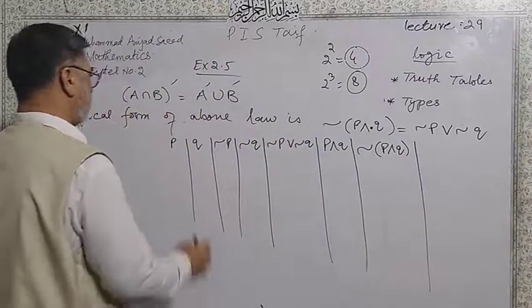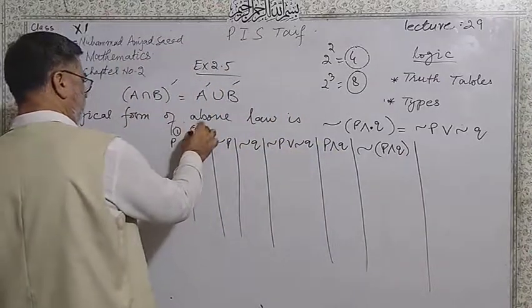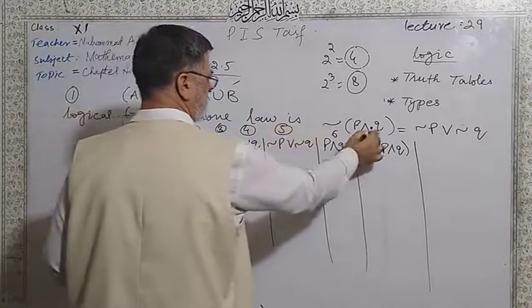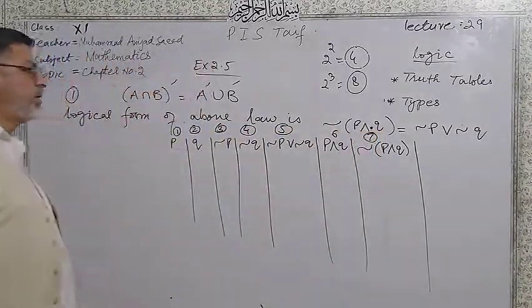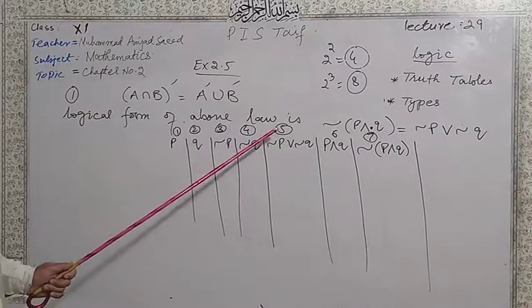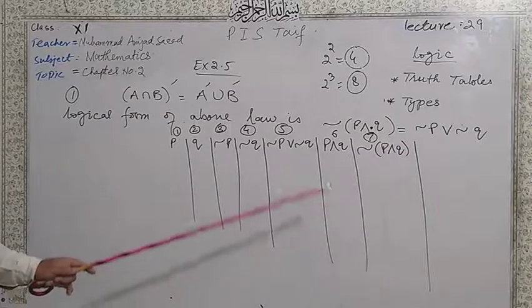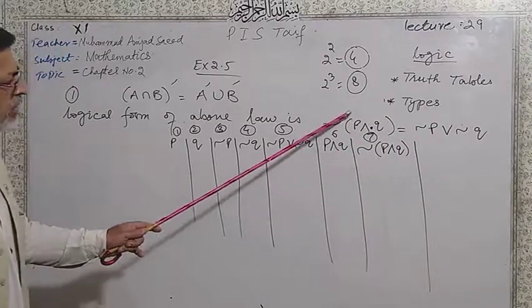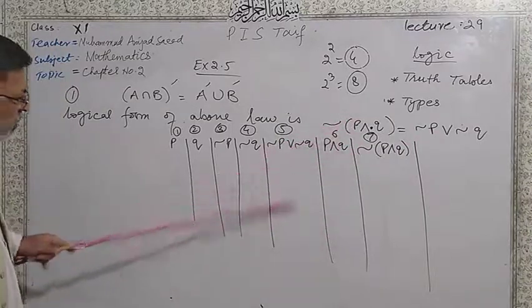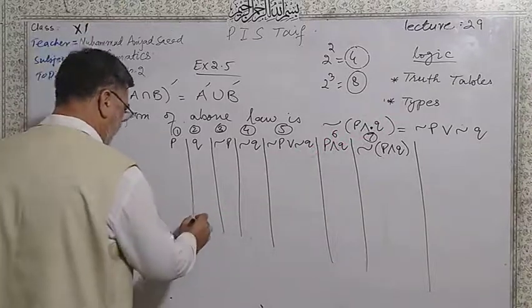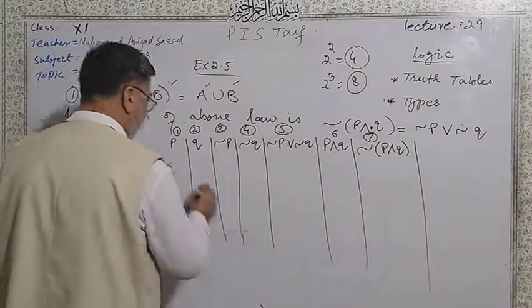Here are column number 1, 2, 3, 4, 5, 6 and 7. Dear students, column 5 is the right hand side and column 7 is the left hand side. If these two columns are similar, then left hand side is equal to right hand side, and you will prove that.